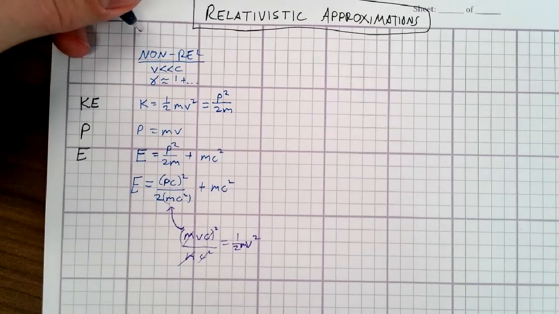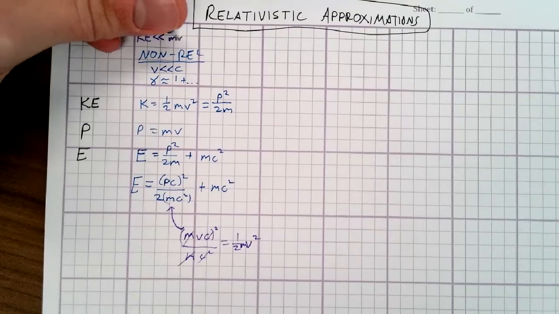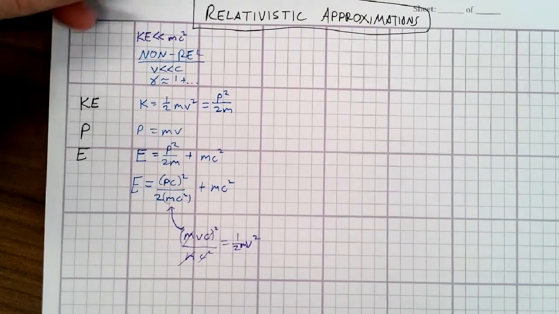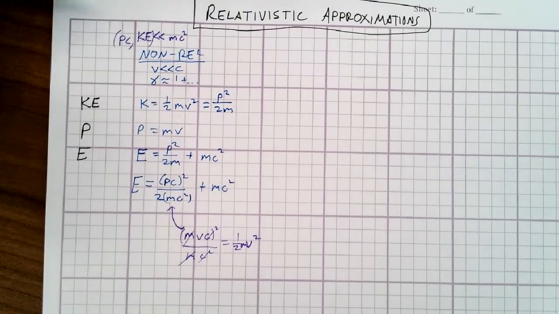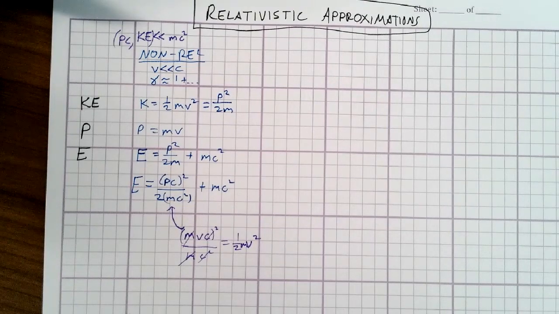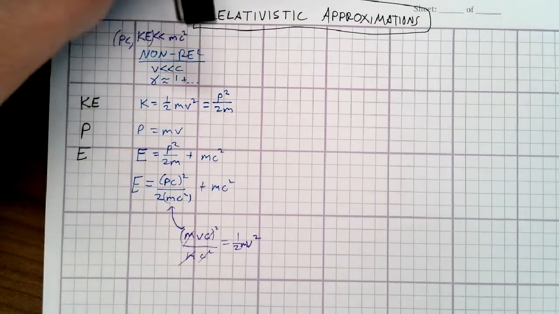I can say that my kinetic energy is much, much less than my mass energy. Or, if you prefer, I could say that my momentum, pc, is much, much less than mc squared. All right, let's now talk about the hard case.